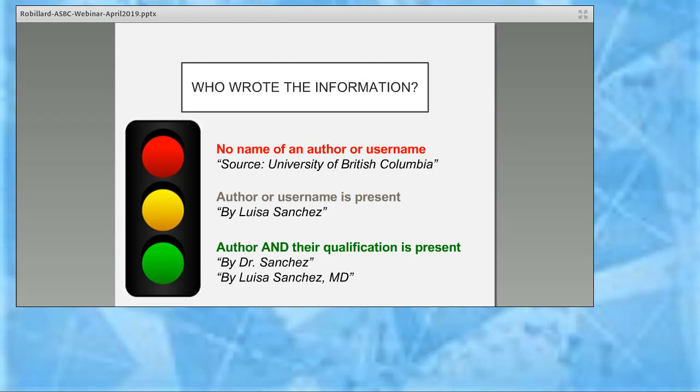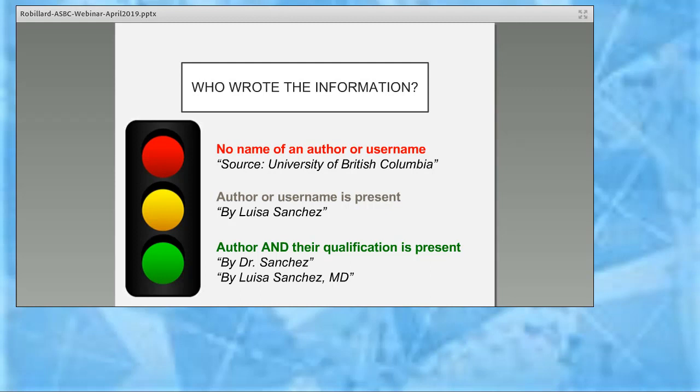There are a lot of people at the University of British Columbia, and not all of them are qualified to make a statement on Alzheimer's disease, for example. If an author is listed, that is better. So if the article tells you, well, it's by Luisa Sanchez, well, that's better than no name or no author. The best scenario for authorship is if you can see an author and their qualifications.